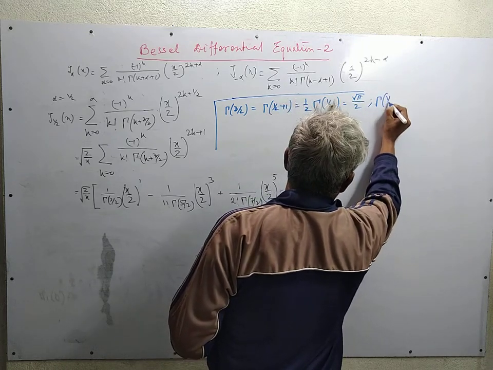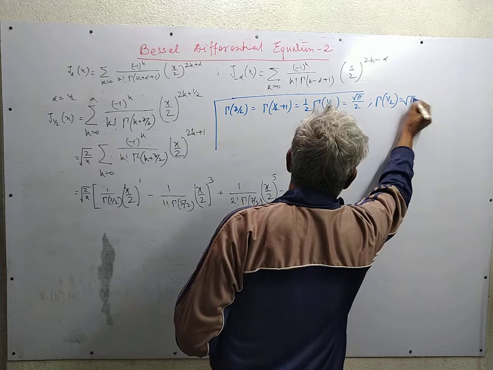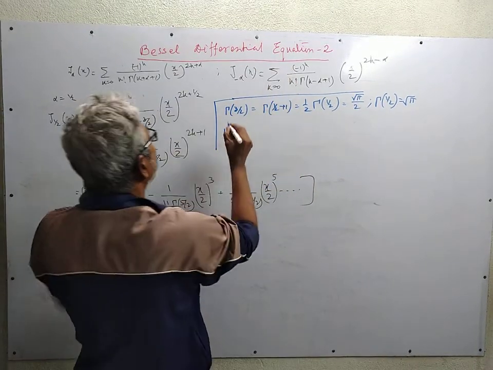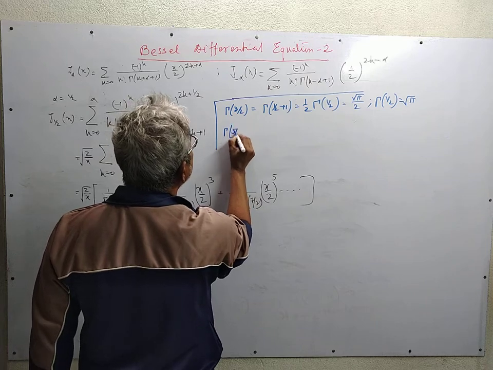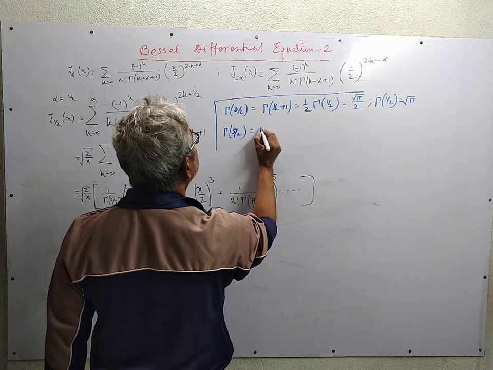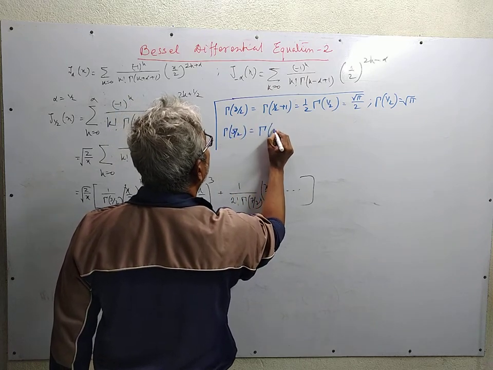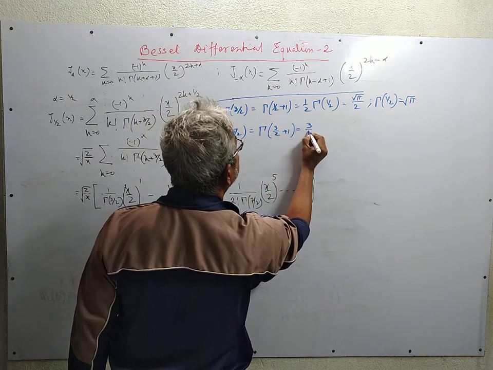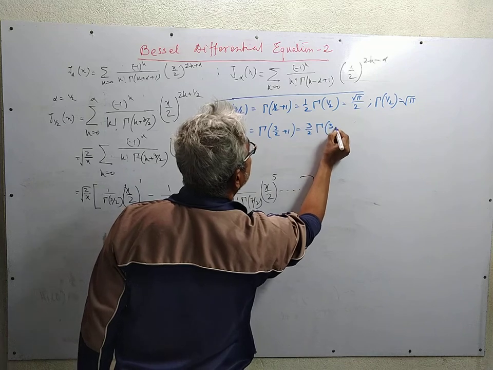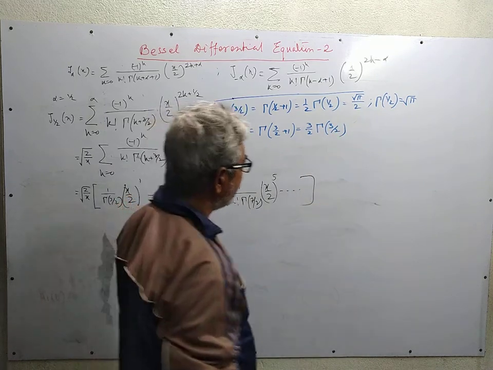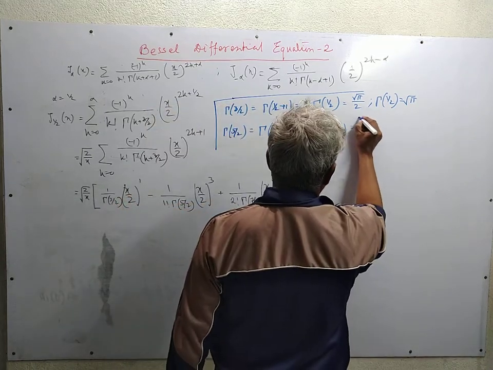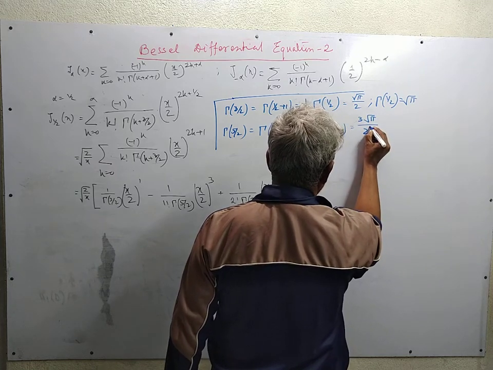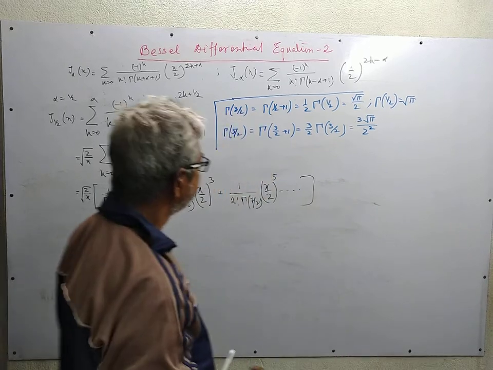Now gamma of 5 by 2 can be written as gamma of 3 by 2 plus 1, so this is 3 by 2 gamma of 3 by 2, and this is 3 root pi by 2 square.